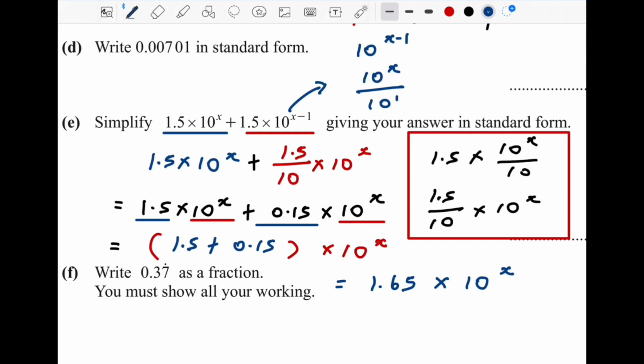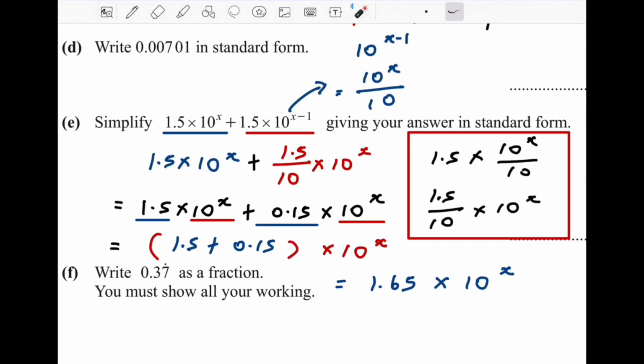Same thing, right? And then, if you have 1.5 times this, it is the same as this divided by 10. No matter where you put the 10, over 10 can be put around here, can also be moved over this side. It doesn't change the original value.